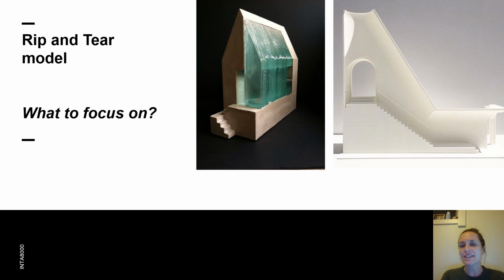The image on the right does not tell us a lot about materiality. It tells us a lot about form and detail. So we really understand the shifting volume of the space as you move up the staircase. We understand the nature of the opening at the top of the space, the nature of the skylight at the top of the space, the nature of the staircase leading up to this opening. It doesn't tell us a lot about materials again. It does tell us a little bit about light and shade.